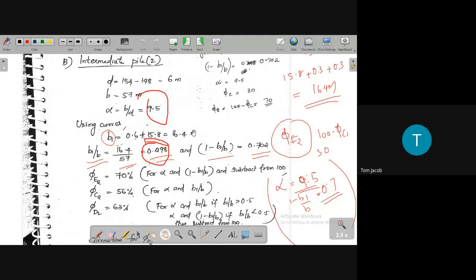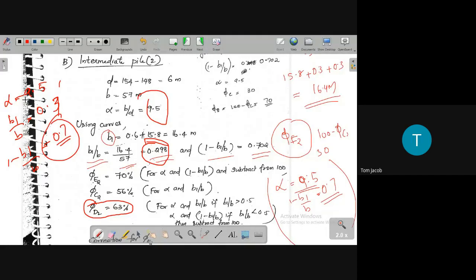So here, we will consider 5D2. The alpha value is 9.5 and B1 by B equal to 0.3. So you have to take 1 minus B1 by B, as B1 by B is less than 0.5, that is equal to 0.7.